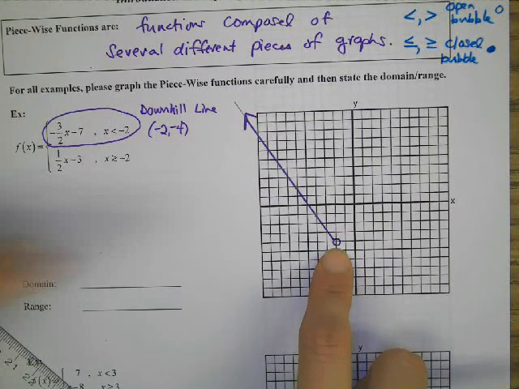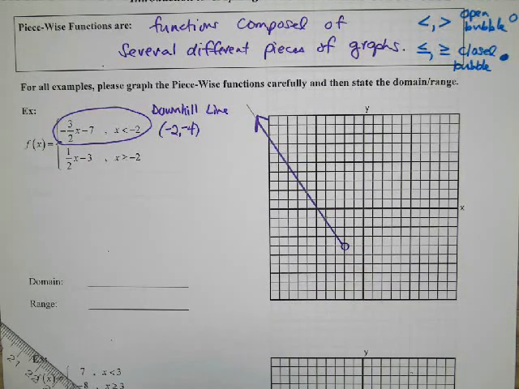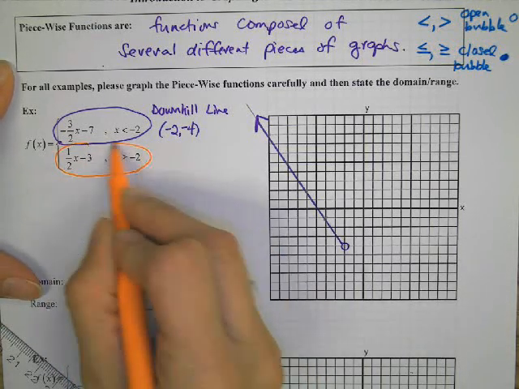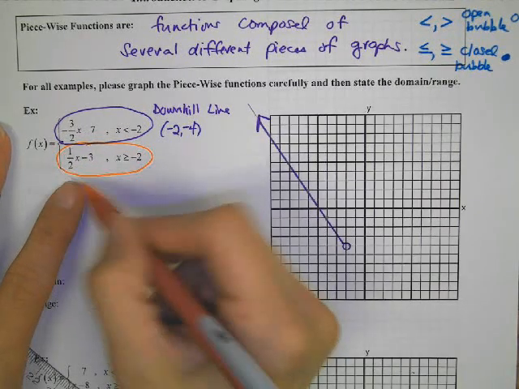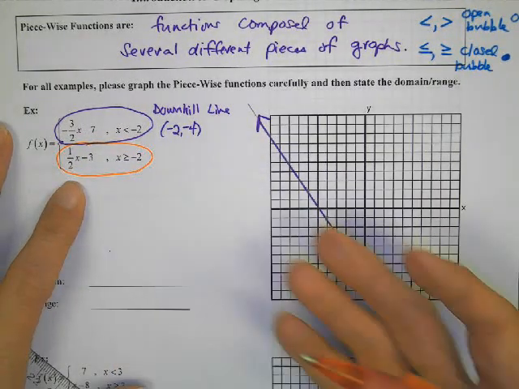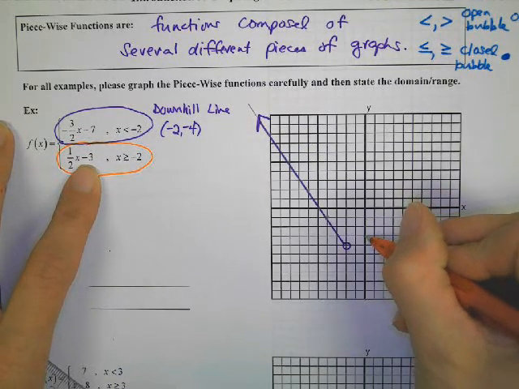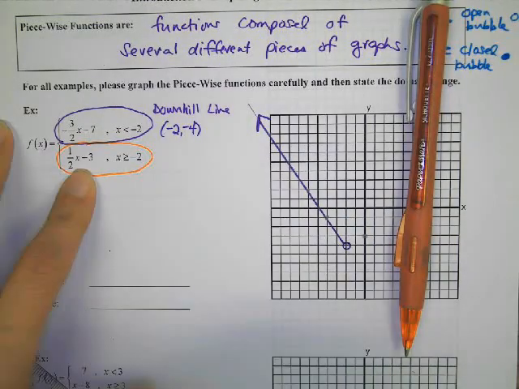All right, I'm going to switch colors for the second piece. Let's highlight it here for piece number 2. But remember, we start with a pencil. I'm going to graph an entire line, and then erase half of it. So I'm going to go down to -3. That's the y-intercept. The slope is 1/2. So piece number 2 is going to be an uphill line, a line with a positive slope.